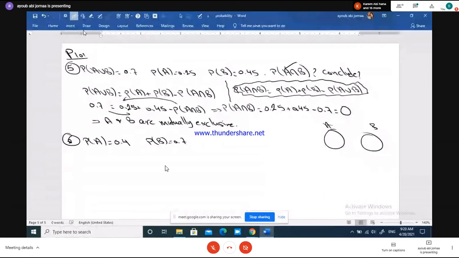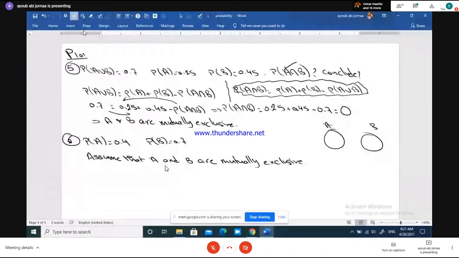عمر راح امشي معك بشغله. Let's say that A and B are mutually exclusive. Assume that A and B are mutually exclusive. طيب.